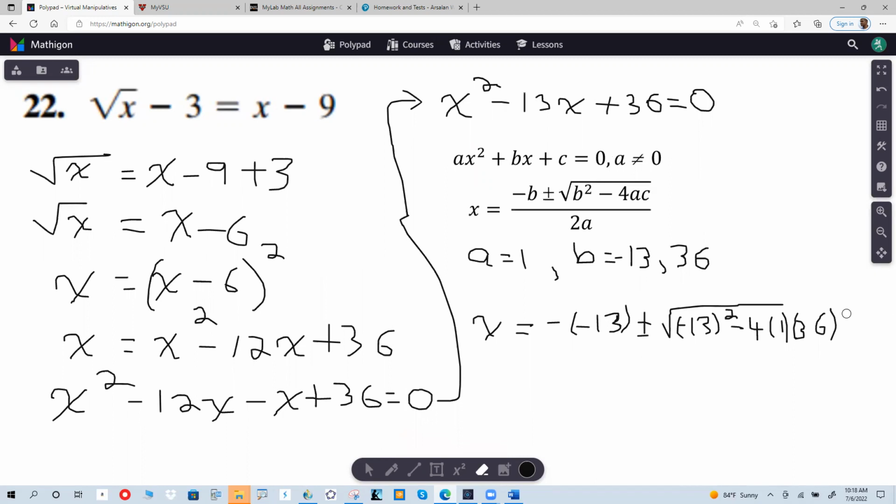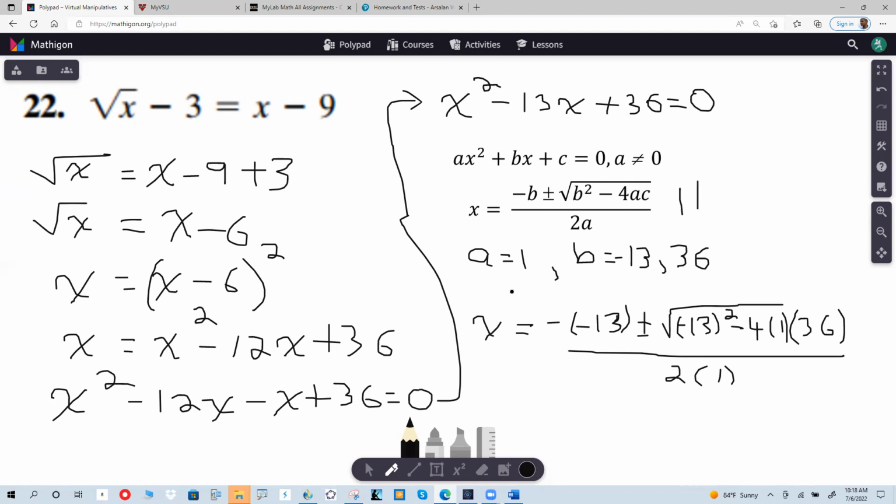Well, let's do a better job. Okay, divided by 2A. A is 1. I'm going to write 2A. I'm showing you all the steps. All I did here is in this formula, I replaced A with 1, B with negative 13, C with 36.